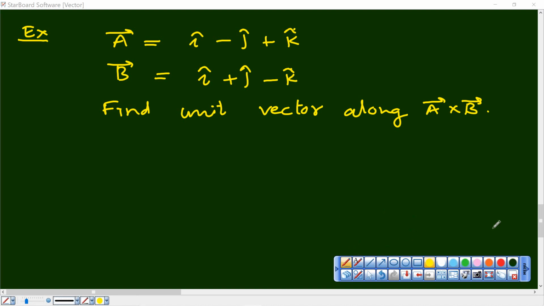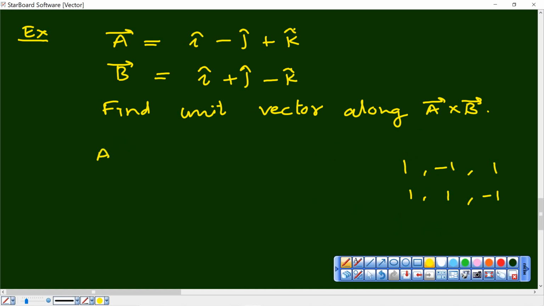It is so convenient, you know. If I write the components of them all, it will be 1, minus 1, 1 and 1, 1, minus 1.